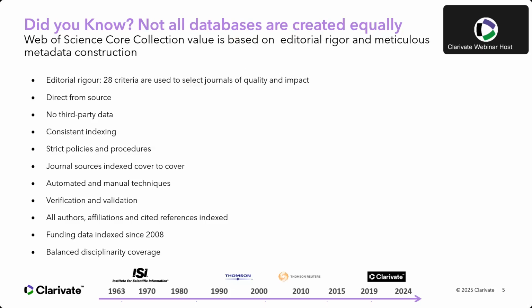So what we're doing to build the Web of Science core collection is really high quality content, but also very well structured into the database. And the Web of Science is not just one database, it's also, as I mentioned earlier in my previous slide, different databases that exist within the platform.